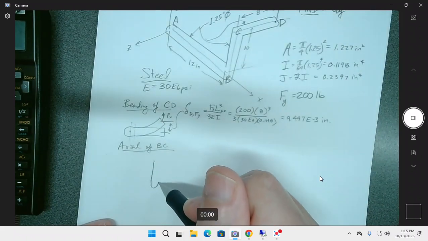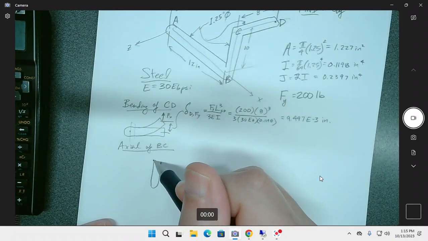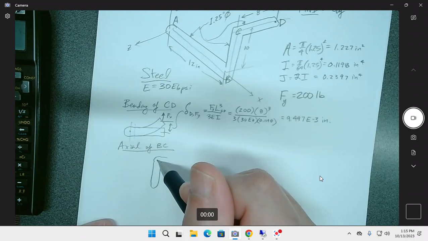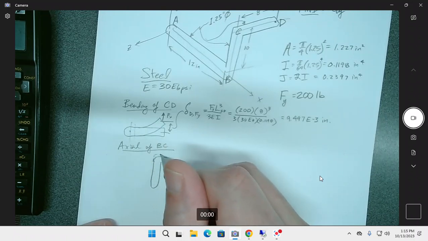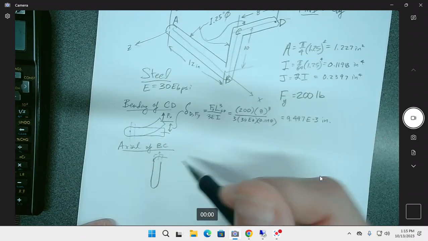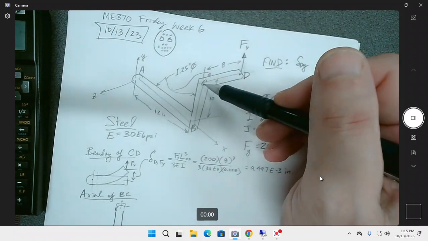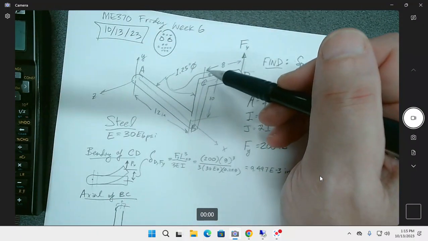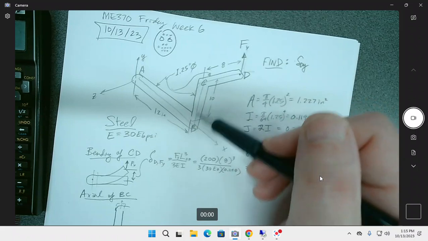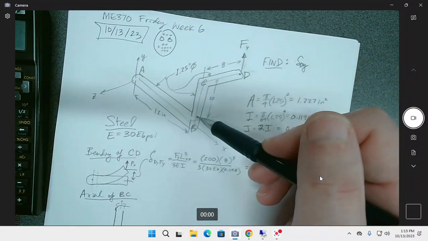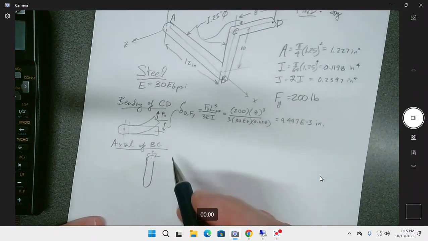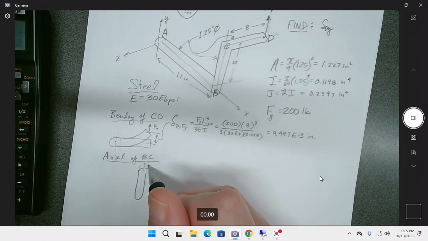So it's going to go up right there. Because this force is over here, we can just try to kind of move him over to here and see that this guy is going to be an axial because he's in line with the Fy. So it's going to have that amount of deflection.